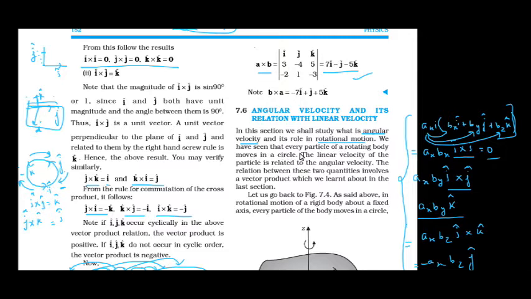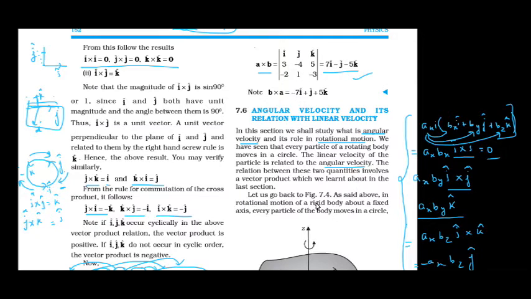We have seen that every particle in a rotating body moves in a circle. The linear velocity of the particle is related to the angular velocity. The relation between the two quantities involves a vector product, which we learned about in the last section.